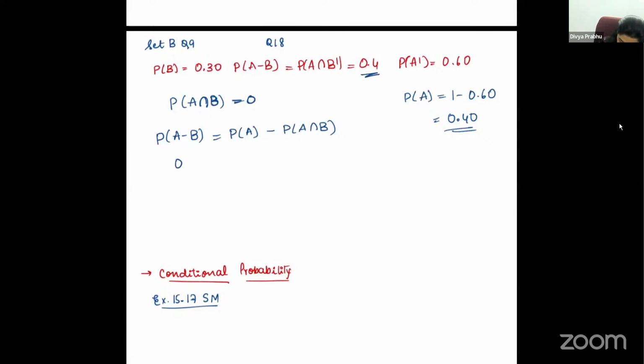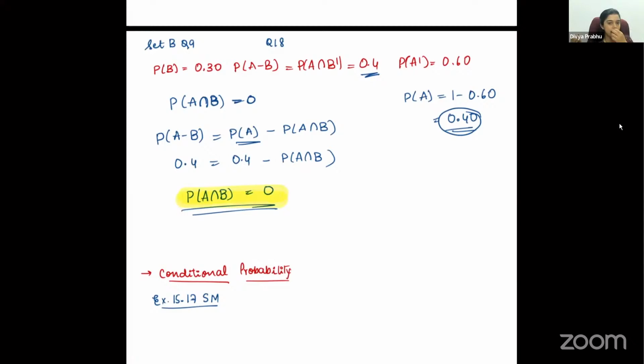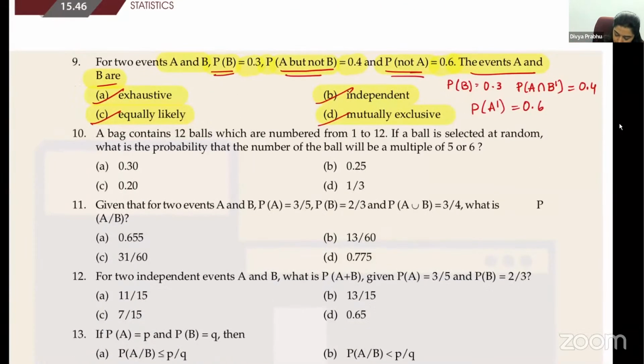Yes, 0.4 is equal to P of A we just calculated, which is 0.4, minus P of A intersection B. Now find P of A intersection B. It is equal to 0.4 minus 0.4, which is 0. So if A intersection B is equal to 0, the events are mutually exclusive. That's all. We have already got the answer that the events are mutually exclusive.